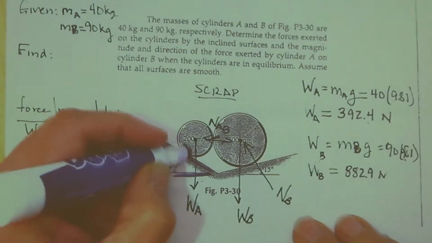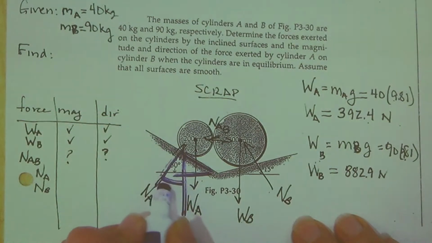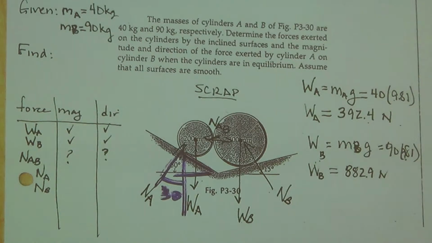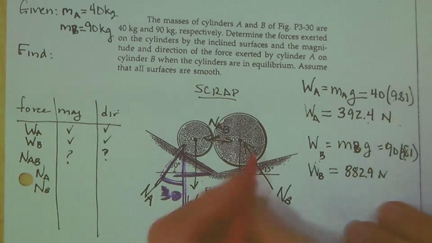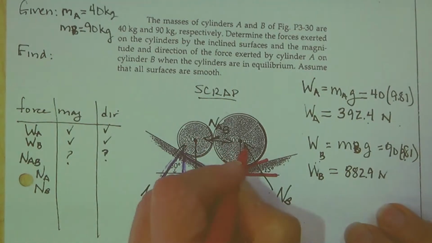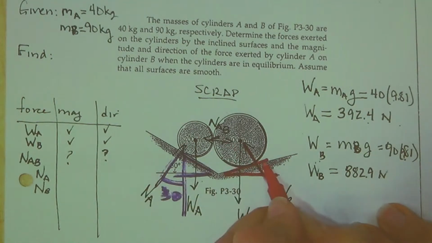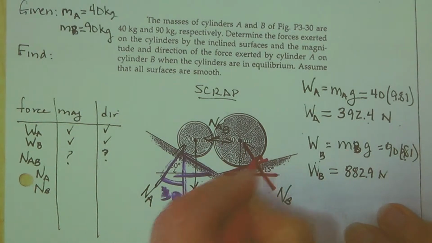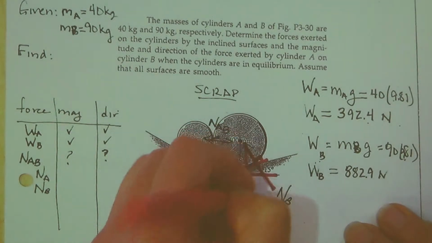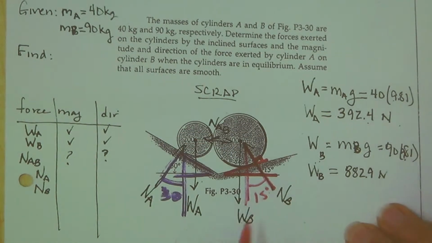Vertical. So this right here is 30. Let's do the other side. The angle here is 15. This force line is perpendicular to this. So what's perpendicular to horizontal? Vertical, so here's 15 degrees.